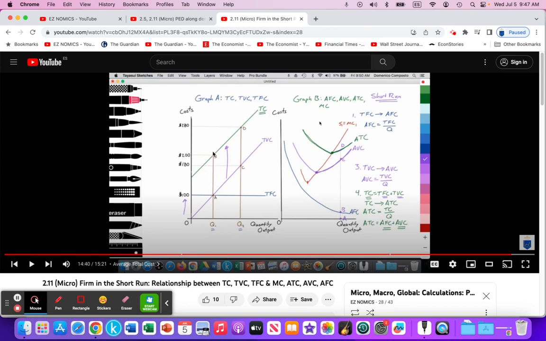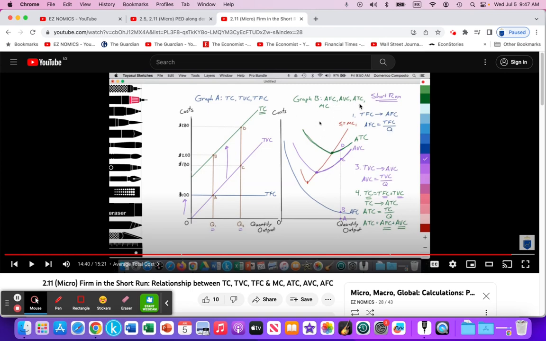So from point A to point B is essentially going to be the same value of the x-axis to point A, or the value from point C to D would be also equal to the value of the x-axis up to this point. So what's being added is this variable cost. The distance from the fixed costs to here are your variable costs that continue to increase over time.